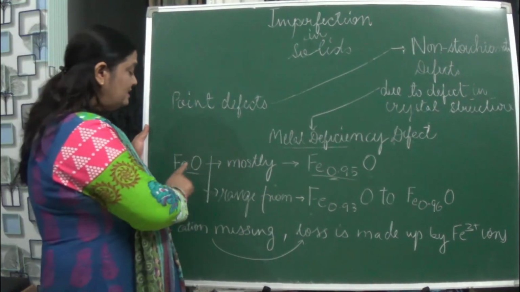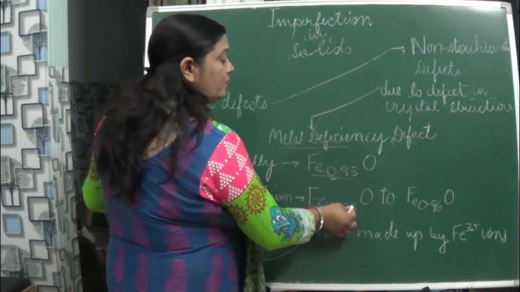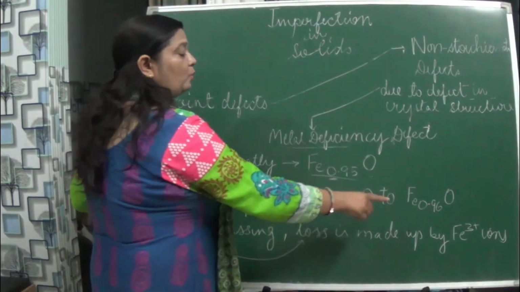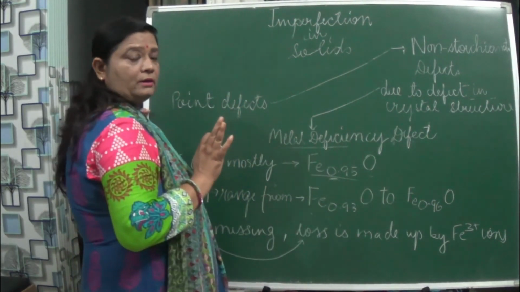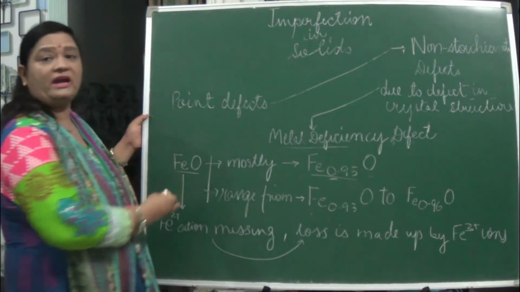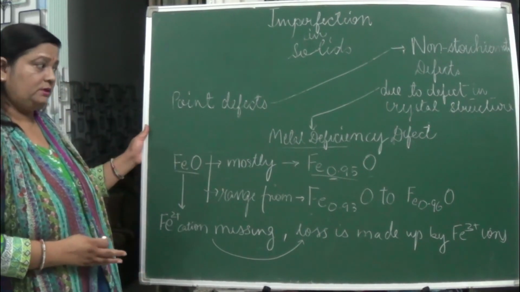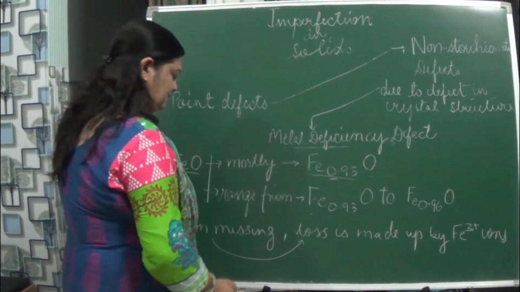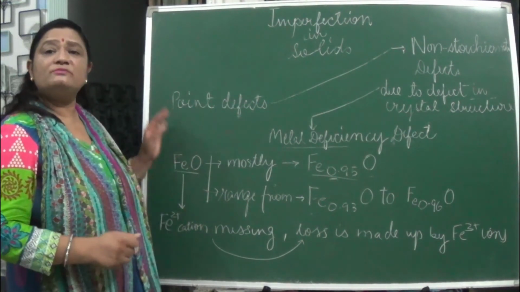Now, mostly this iron oxide ranges from Fe0.93 to 0.96, but it is not 1. So we can't say the perfect ratio is 1:1, as we are writing the formula FeO. It should be 1:1, but it is not. A slight difference is there. Actually, what happens over here? Fe2+ cation is missing.